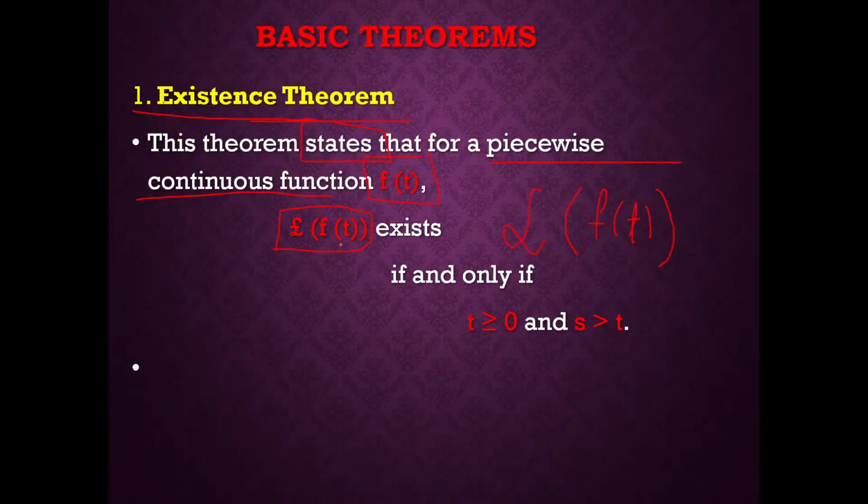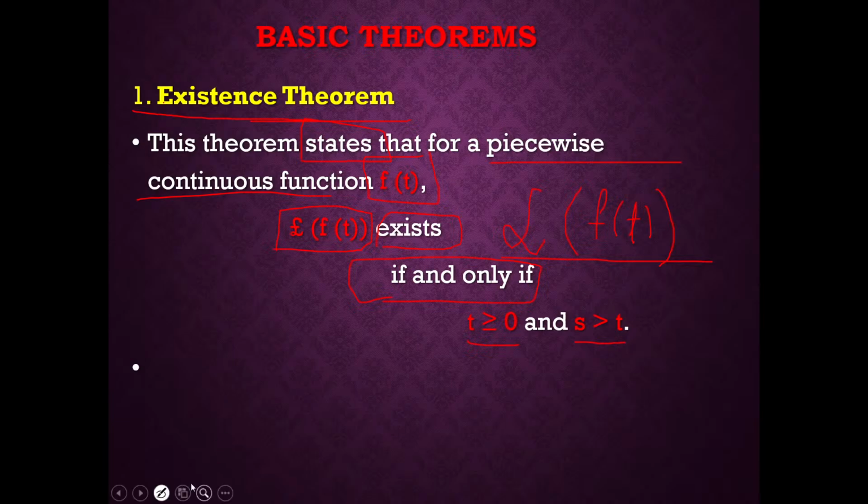Okay, now if you have a function f of t and you want to take the Laplace of f of t, this Laplace of f of t will exist if and only if t, that is time domain, is always greater than or equal to 0, and when you convert that into S domain, S should also be greater than some value.